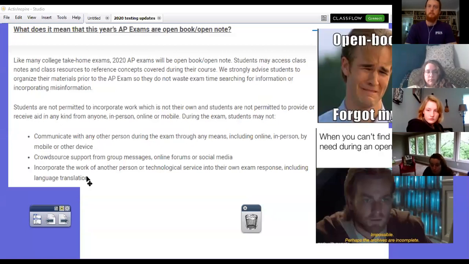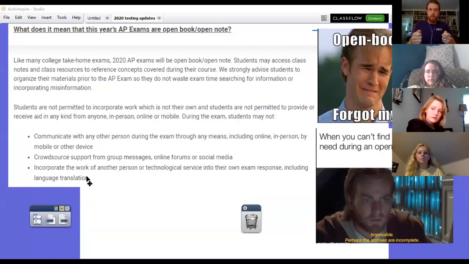So writing down definitions and putting those on flashcards, that's not going to be a good way to study. Going through more difficult questions and checking the answers over and making sure that you really understand what's going on, making connections between different topics, that's going to be more of what you want to be able to do. And that's what we'll focus on whenever we're meeting together and having class together.